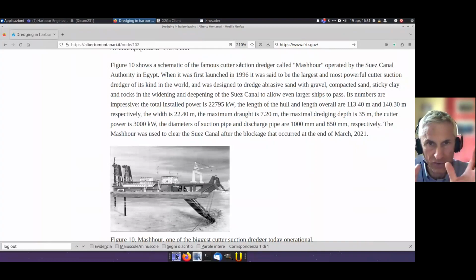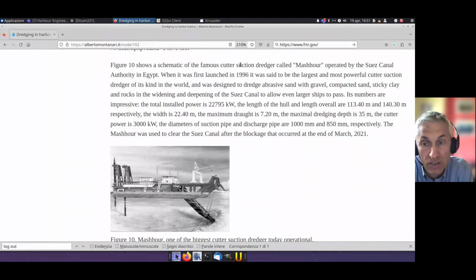Its numbers are impressive, just to give you an idea. The total installed power is more than 22,000 kilowatts. The length of the hull and length overall are more than 110 meters, and the width is 22 meters. The maximum draught is 7 meters.